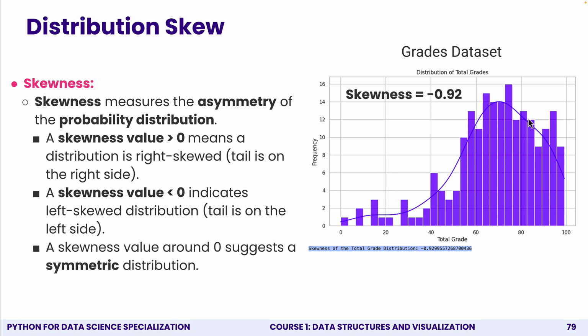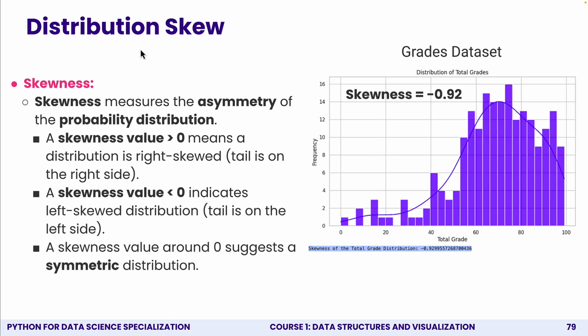If we make the distribution around, for example, a normal distribution between 50 and 100, but if you consider it from 0 to 100, most of the values will be between 50 and 100. It's a very low number of students that will have very, very low total grades at the end.